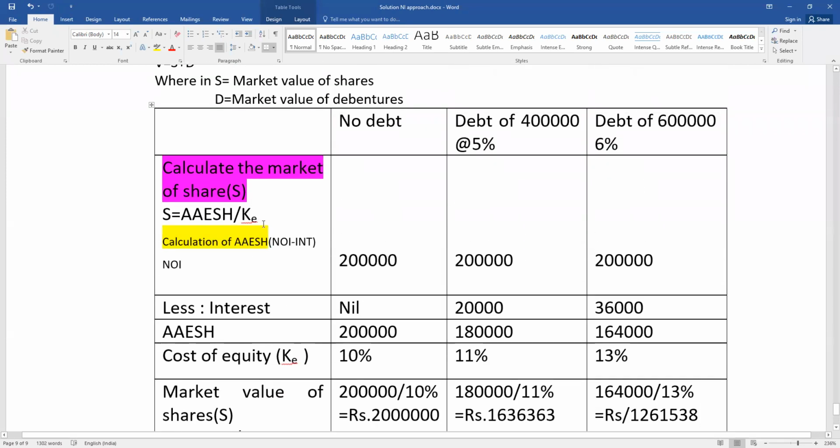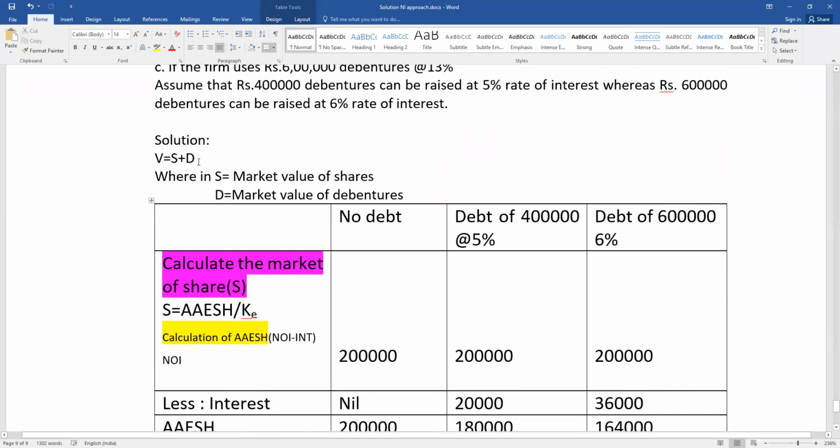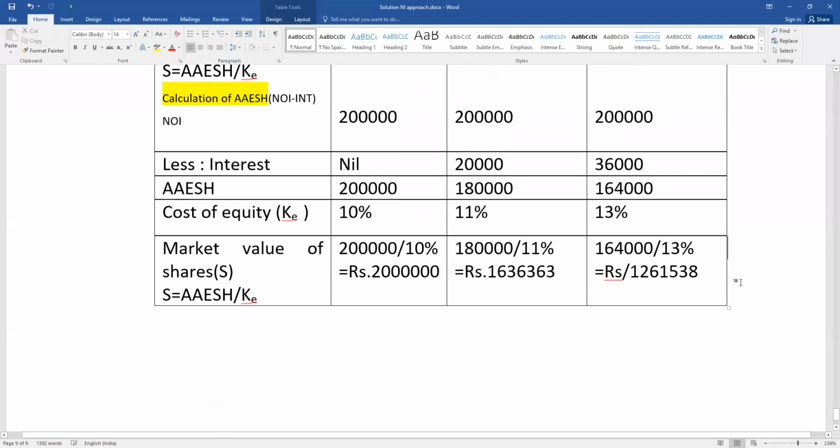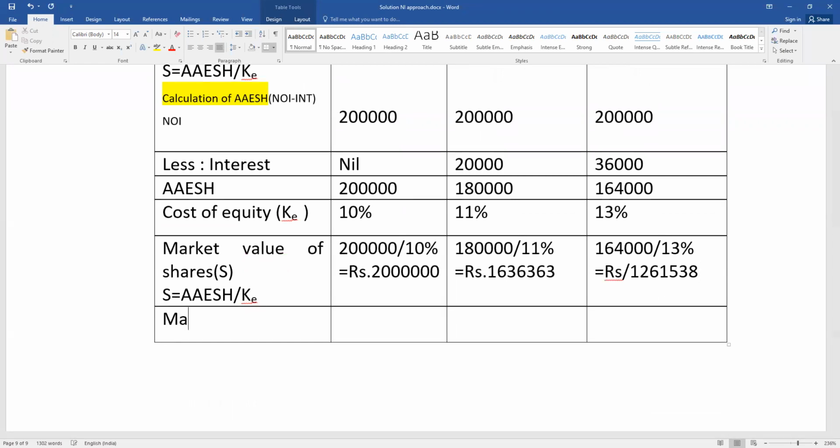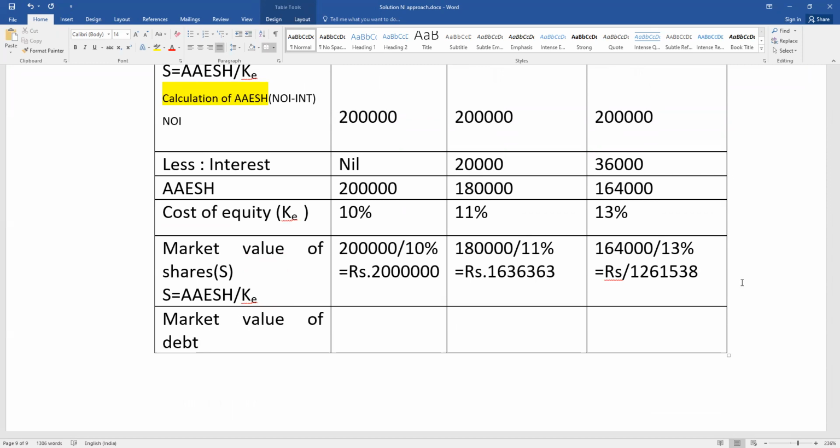To calculate the value of the firm, what do you require? Market value of debentures, or debt. That's your D. So what's your market value of D? In the first case, you don't have any debt. In the second case, you have 4 lakh debt.